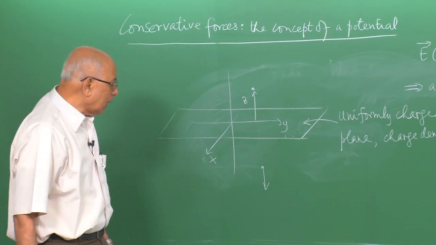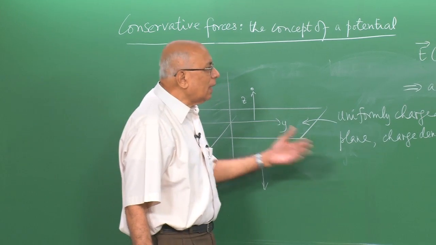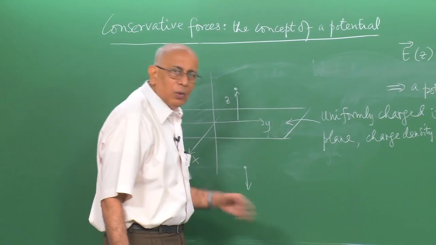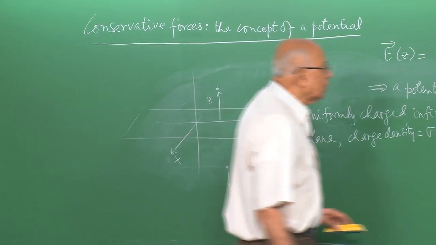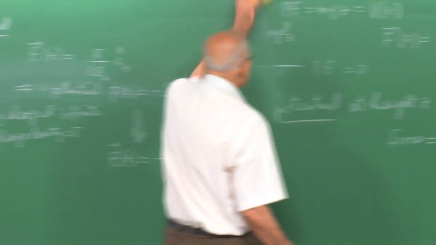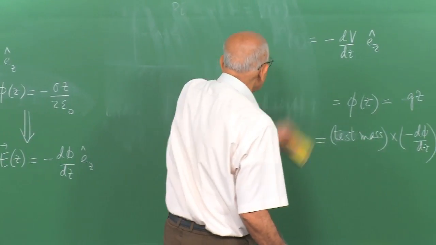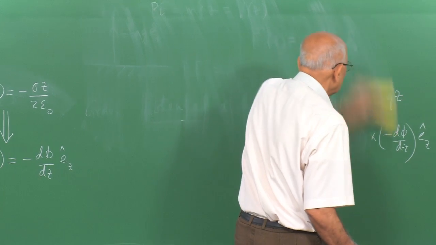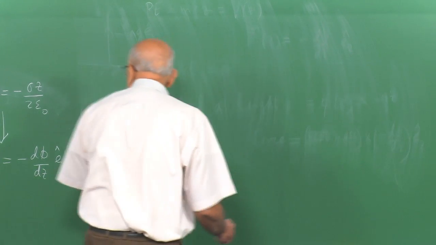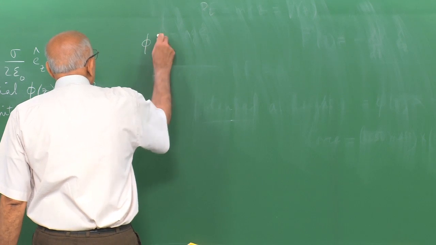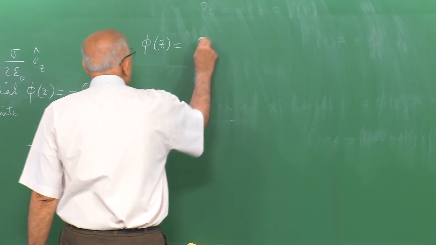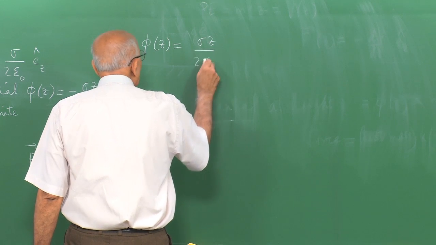So what do you think the potential is going to be for z less than 0, namely below the xy plane? Well, the answer is easy once again to guess. In this case, phi of z would be equal to sigma z over 2 epsilon naught.